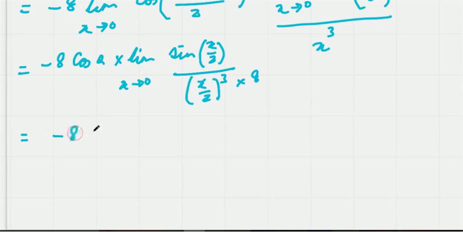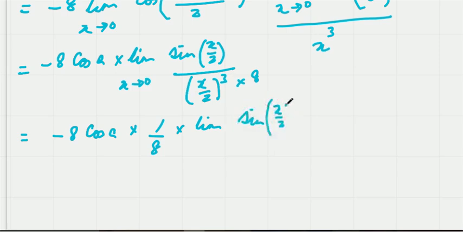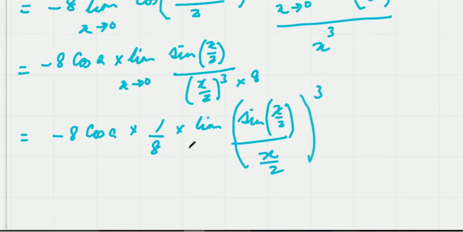Now that becomes equal to minus 8 cos a into, this 8 I can take outside the sign, 1 upon 8 into limit sin x upon 2 whole cube as x tends to 0.